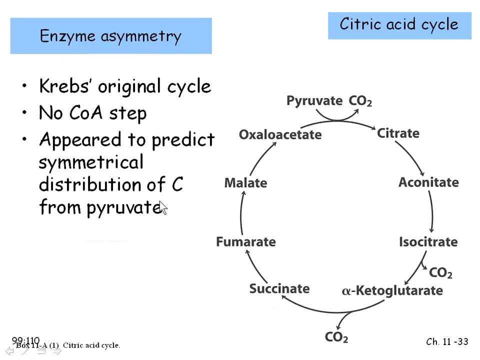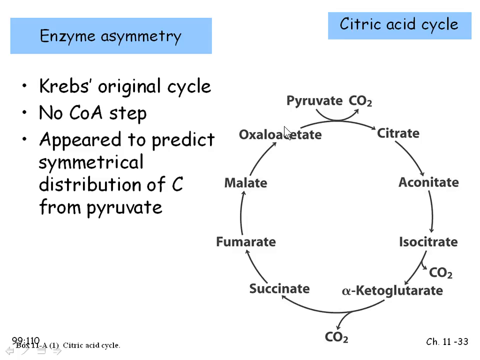Now, this was the originally proposed citric acid cycle, or we can call it the Krebs cycle since we're talking about Krebs' version of it. And in that pathway, he assumed that pyruvate could react directly with oxaloacetate. There's no intermediate step there for pyruvate dehydrogenase. And he imagined that the carbon dioxide coming off was what drove the reaction forward to citrate directly.